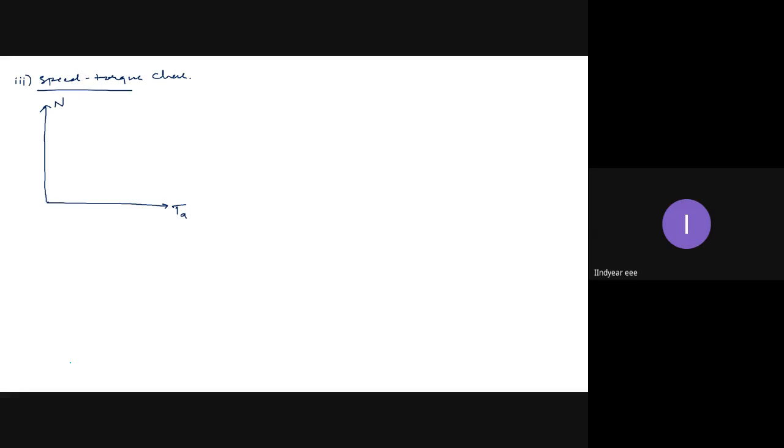So with respect to torque, the speed remains constant in shunt motor, almost fairly constant, not exactly constant. Shunt. It will be decreasing in series.